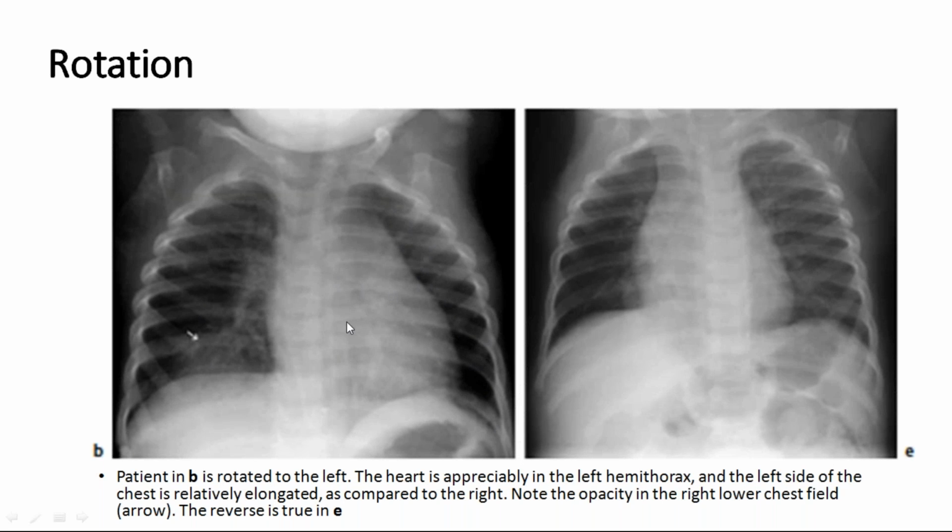So this child has rotated to the left, whereas this one is proper, not rotated. Compare both films. The one on your right is a normal film; on your left, the child has rotated to the left. The lung field is long, and in the lower chest fields an opacity appears. Actually, it's not an opacity, it is because of the rotation.